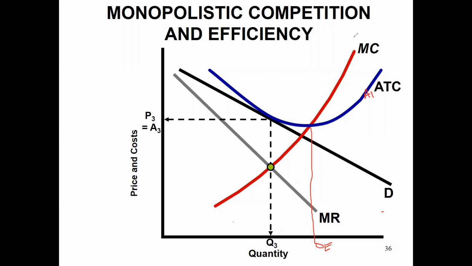So the two things graphically you've got to remember about monopolistic competition are zero economic profits in the long run and excess capacity. Otherwise, it's the same graph as a monopoly graph. Any questions about monopolistic competition?